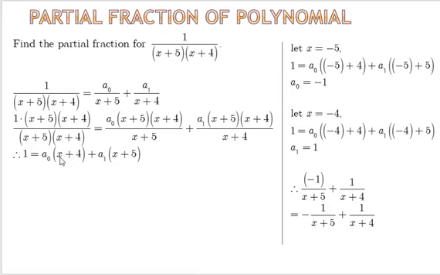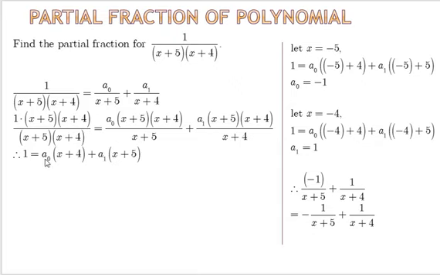So for example, we want to make this x plus 5 zero, so we let x equal -5. When you substitute it in, it turns the term at the back into 0. So what is left at the front is a0 multiplied by -1. Move it to the other side, and you get a0 equals -1.